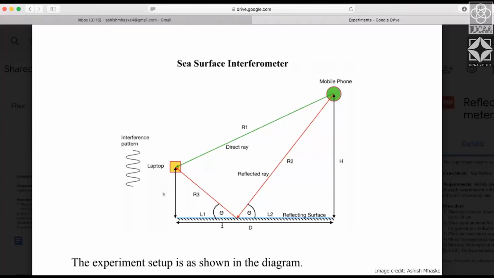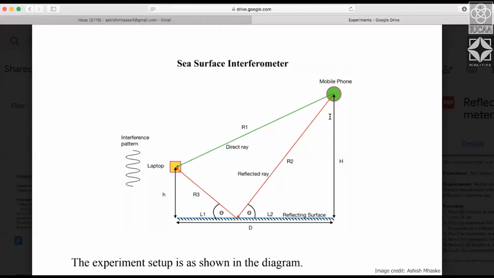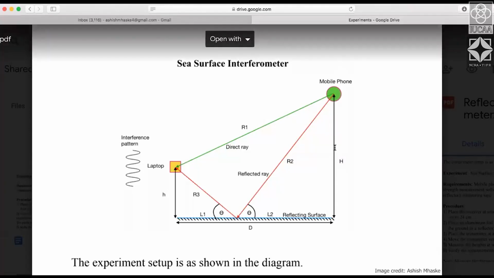And then at this fixed distance, you just have to vary the height of this mobile phone and see if you can get an interference pattern, and you note down these heights that you are keeping your mobile phone at, and then try to see the signal that is received at the laptop.